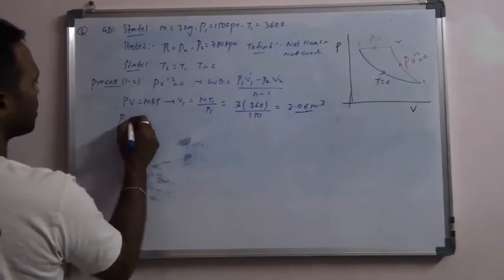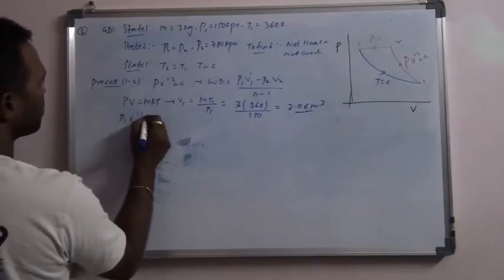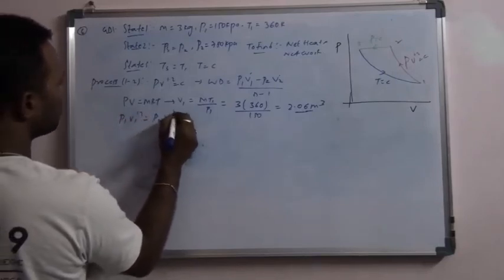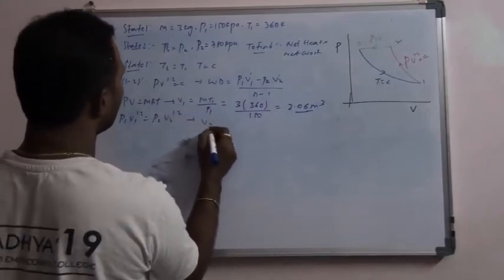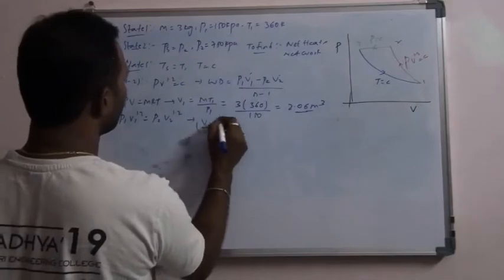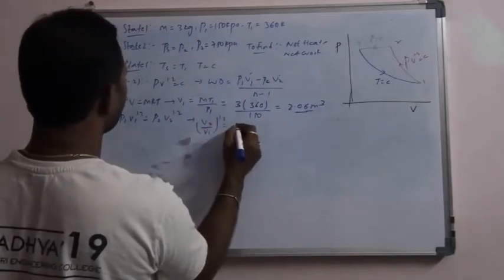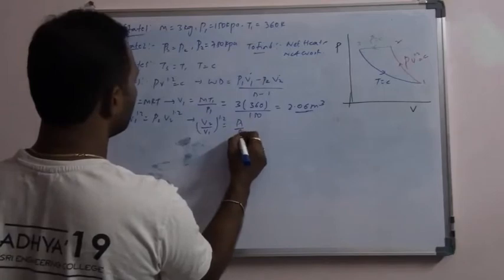P1V1^1.2 is equal to P2V2^1.2. From this, (V2 by V1)^1.2 is equal to P1 by P2.